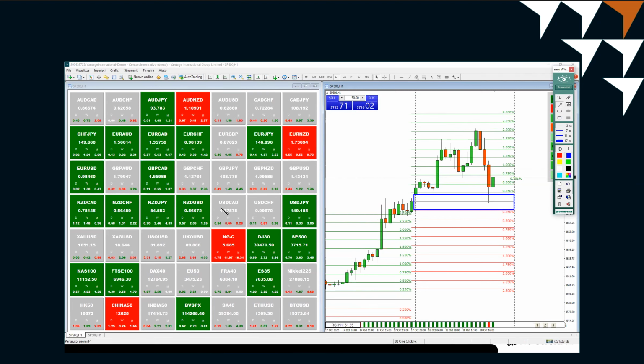But in terms of the Forex market, and also in terms of the indices, we're looking at pretty predictable markets if we look at them through the lenses of these operational grids.